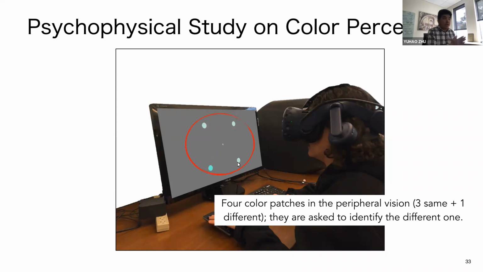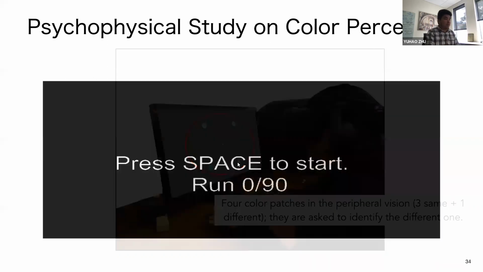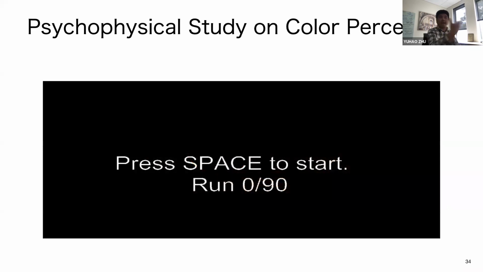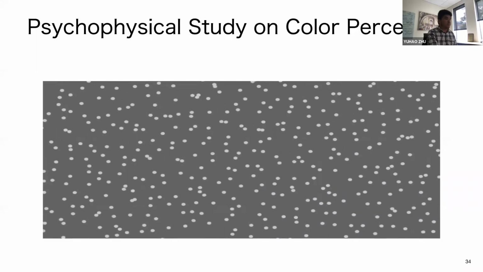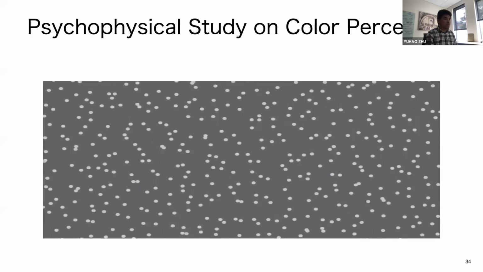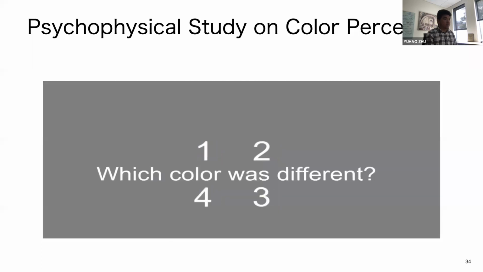We did thousands of trials, and I'll show you a video of what they actually see while wearing the VR headset during the experiments. There's no sound here, which is intentional, but just focus on the video.